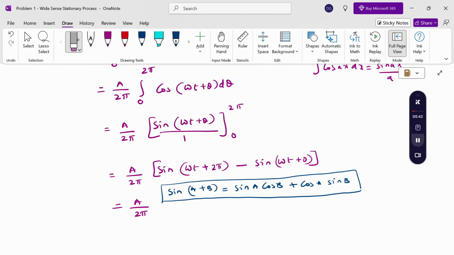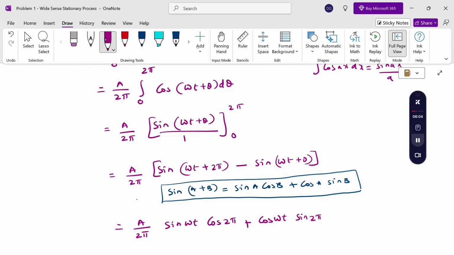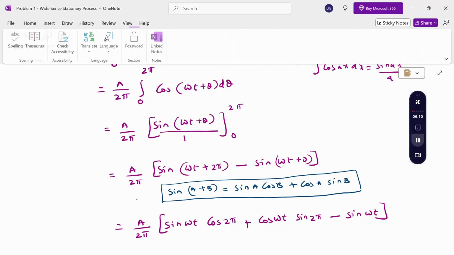Therefore, expanding: A/2π times [sin ωt cos 2π + cos ωt sin 2π − sin ωt].